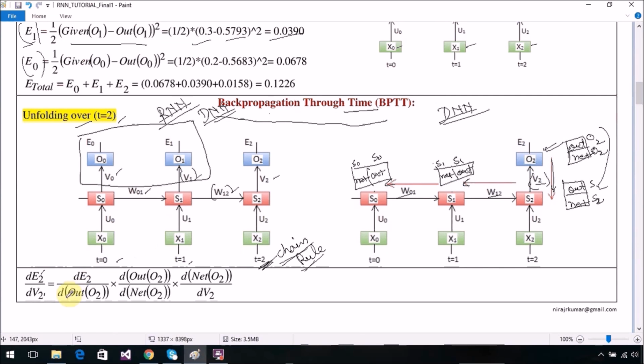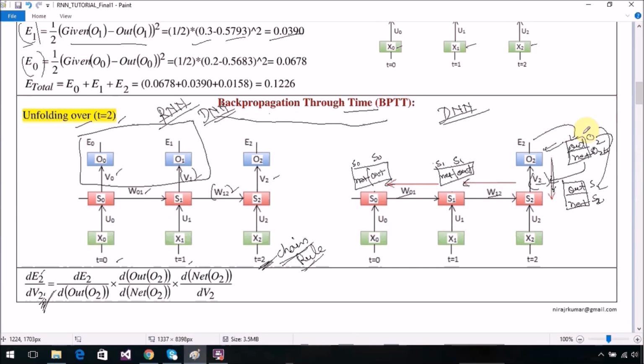So to apply the chain rule for this E2 with respect to V2, we apply the chain rule in the calculation of the partial derivative of E2 with respect to V2. We will use this information, meaning E2 to out O2, out O2 to net O2, and net O2 to V2.